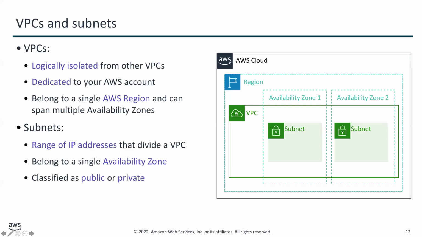Now, VPC and subnets. In this picture, you can see a simple representation of a VPC. AWS cloud is the whole cloud where we log in. Within that cloud, we know there is a region. Remember, in one of the tasks previously, we also looked at resources and their availability at what level.